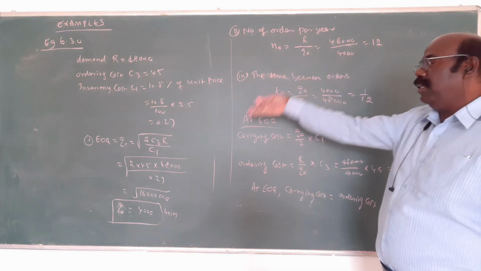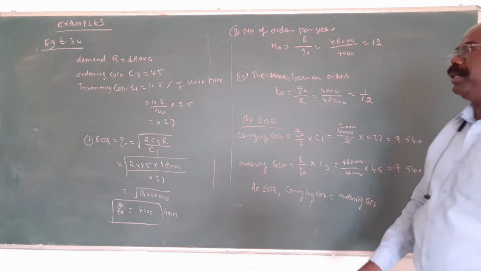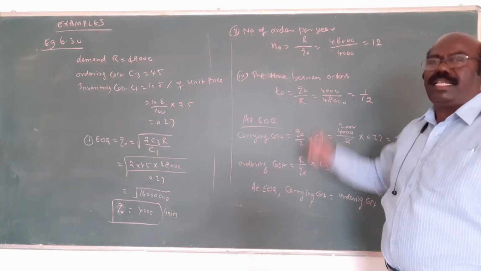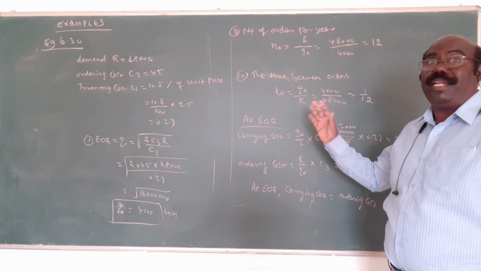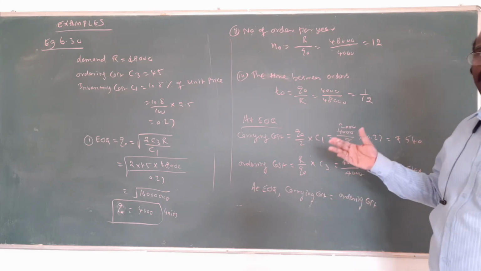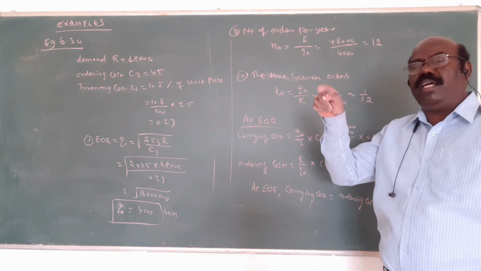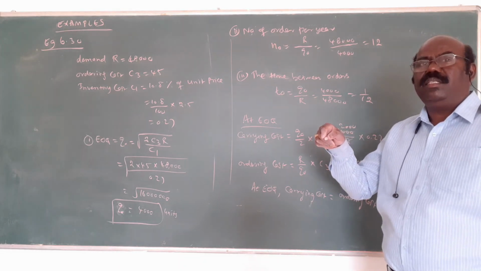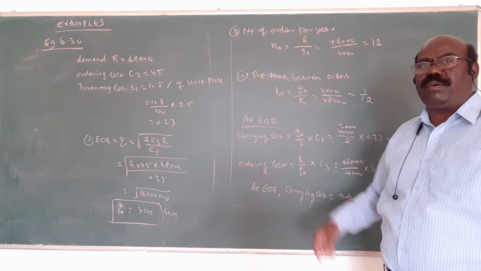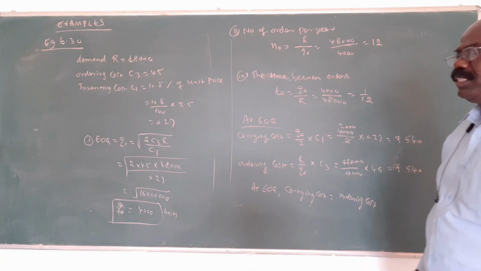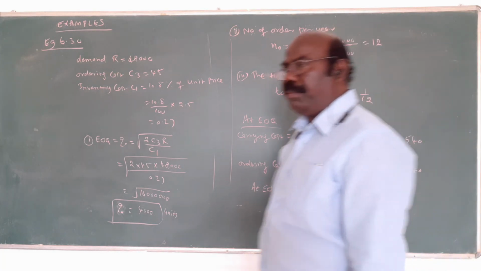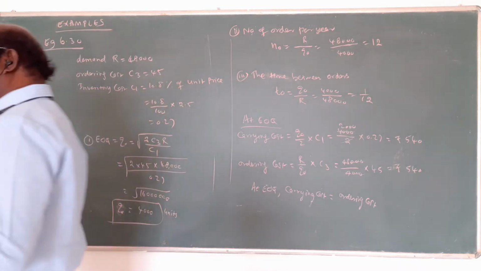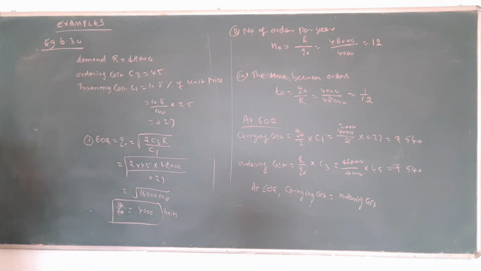If the minimum average cost is asked, you will find the formula: square root of 2 C1 C3 into R. That is the formula for minimum yearly cost. You must follow the formula.